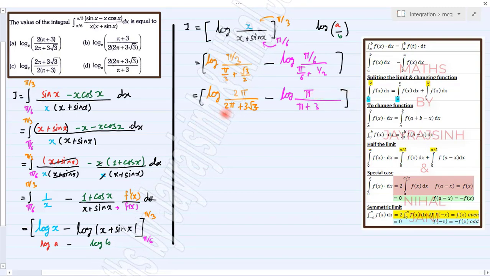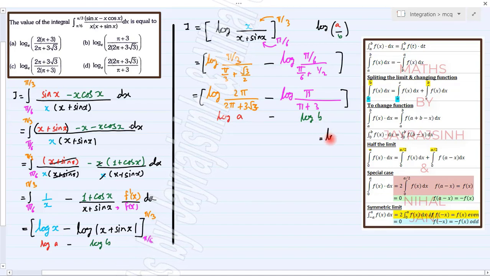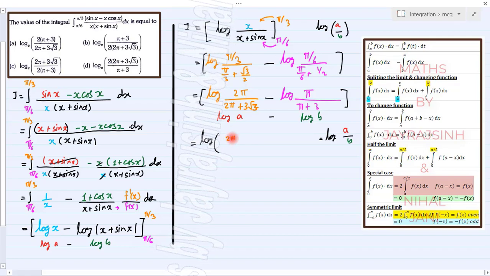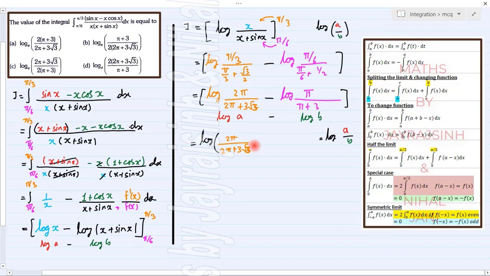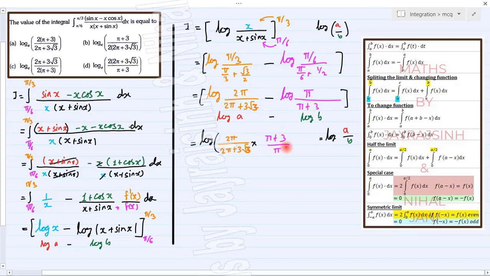Now here we have log a minus log b, which can be rewritten as log of a by b. So here we'll get log of a, which is 2 pi upon 2 pi plus 3 root 2, and upon b, or we can say the reciprocal of the second term, which is pi by 3 upon pi.